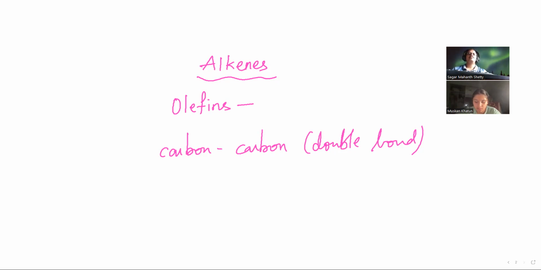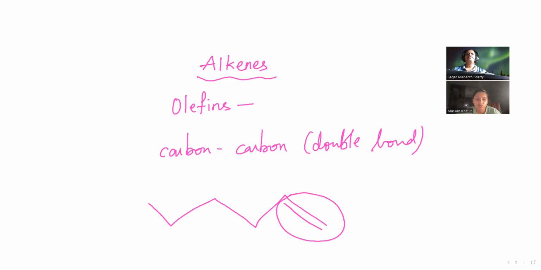For example, if I just give you a rough diagram here, something like this. Think this is an alkene structure. At the end of it, what you will find is a carbon-carbon double bond.